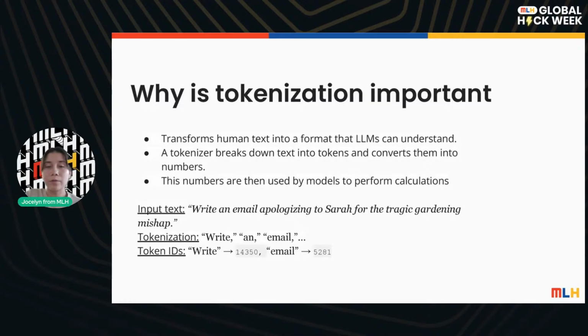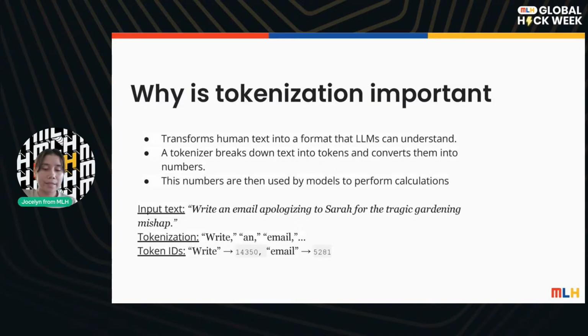I don't know if you've noticed, but when you start using an LLM, it will charge you for the amount of tokens that you have and not the amount of words that you have. There's also a rough estimate that every 4 characters is equal to 1 token. So if you want to get a rough estimate of how many tokens you're going to be using, you can just divide all of your text by 4 characters, and then you should be getting a really rough estimate.